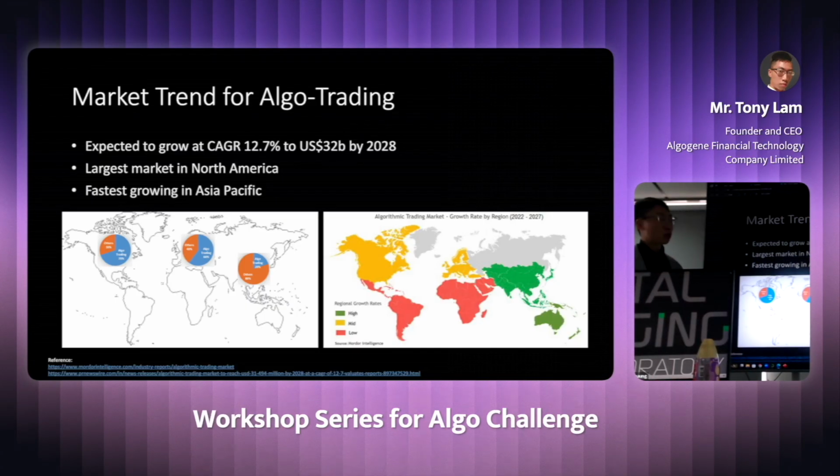So actually, what we believe is that algo trading is the future of the wealth management industry. Nowadays, there are many different kinds of data available in the market, not only market data, but also news data, weather, social media, etc. So we can explore different kinds of trading strategies.